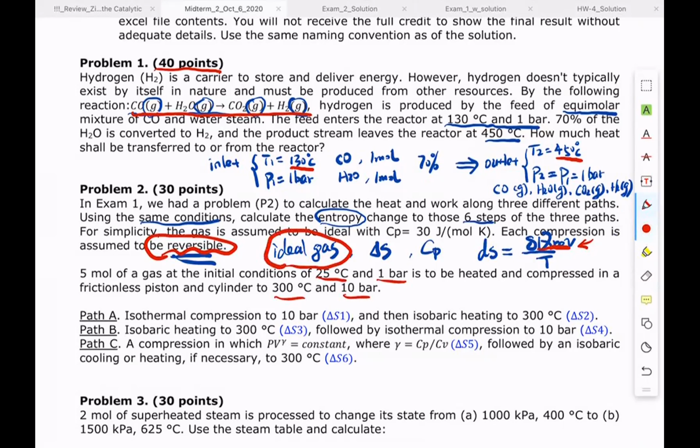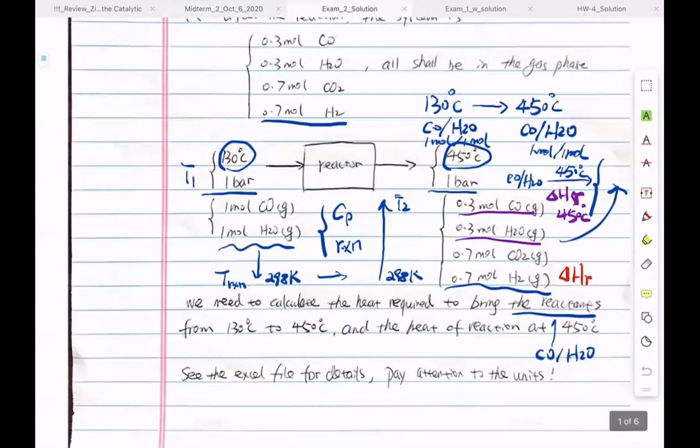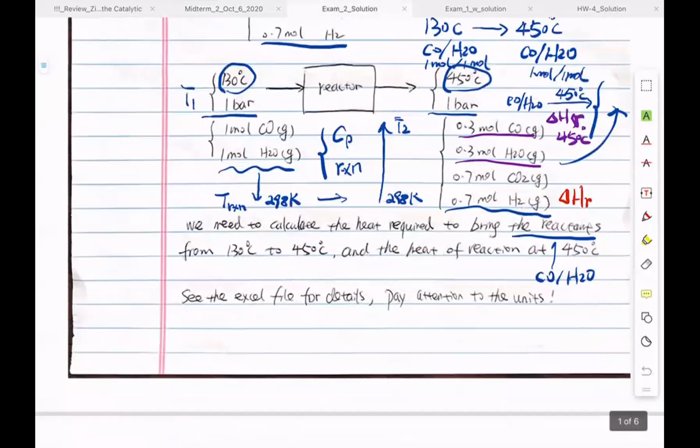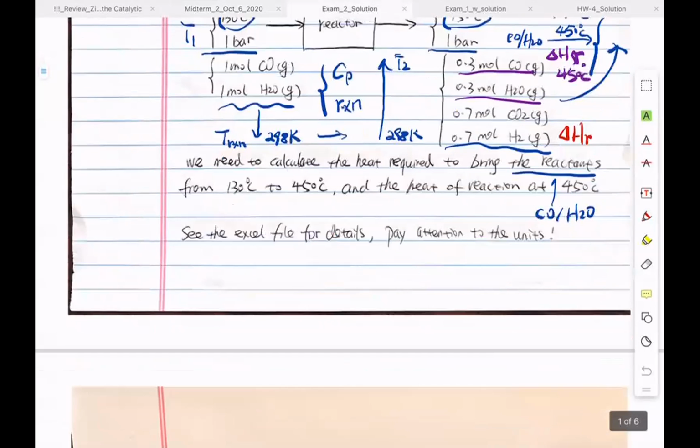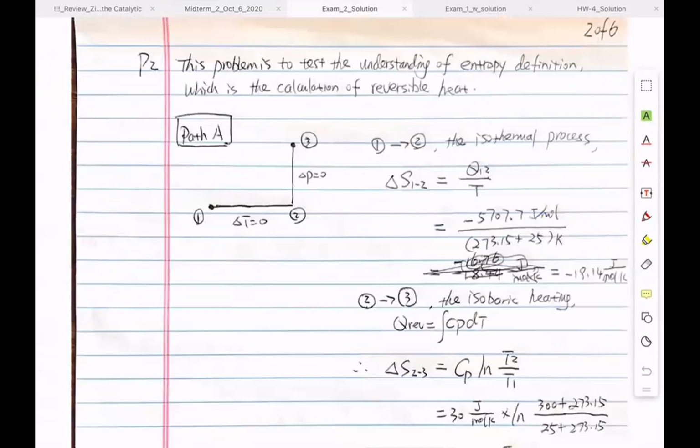So that problem, I'm also greatly surprised that the performance was not that great. And when we grade the solution, I think many students are completely lost, have no idea what to start with, and even did not bother to use any of the previous exam 1 solution to help with the calculation over here.